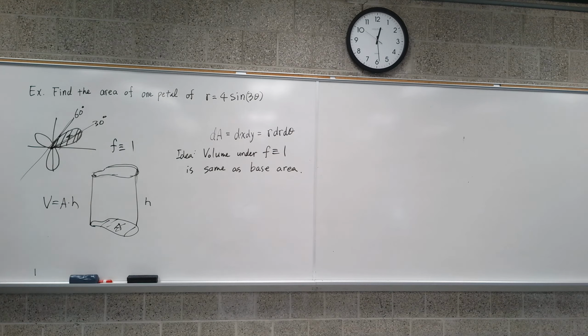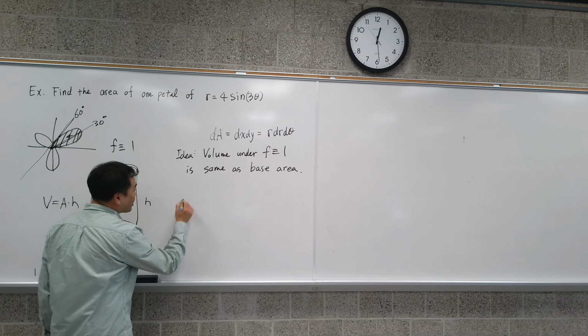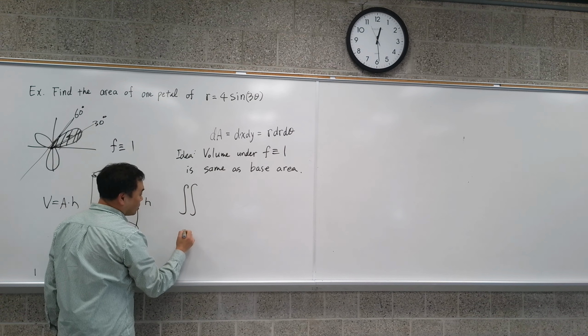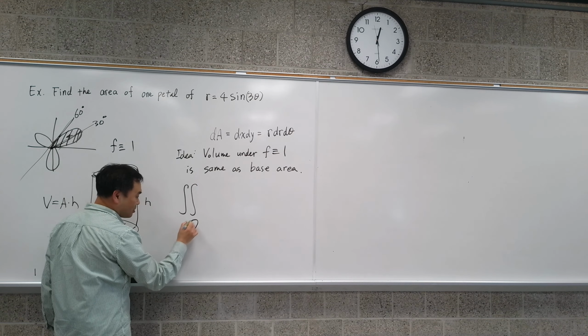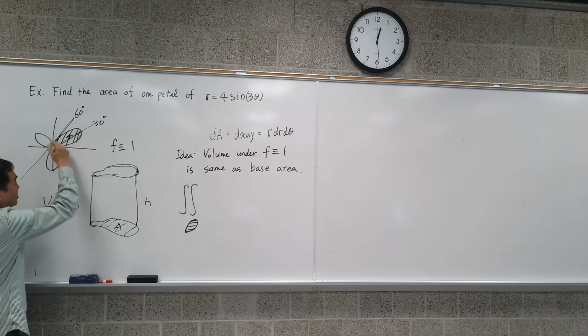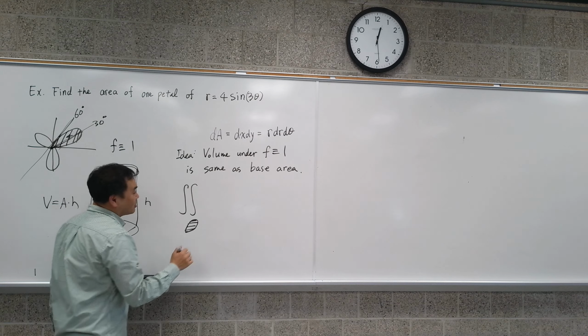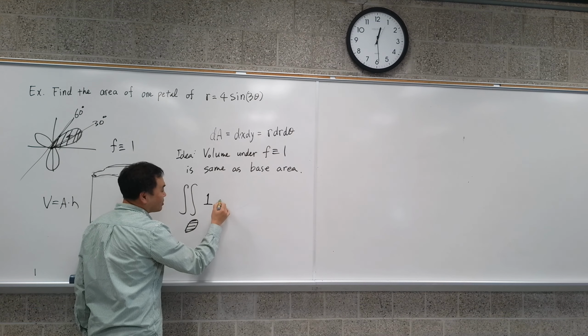So we're going to use that idea. What we're going to do is calculate, over that one petal, that one petal that I'm drawing here, the integral of 1 dA.